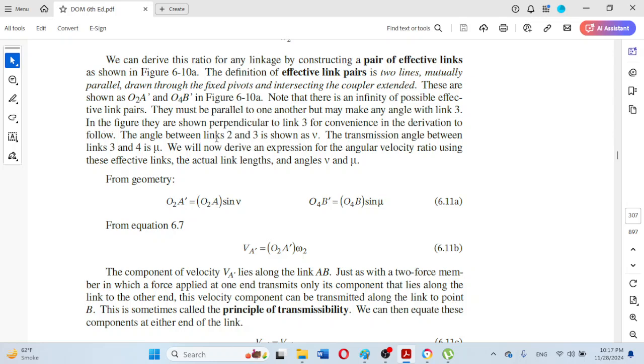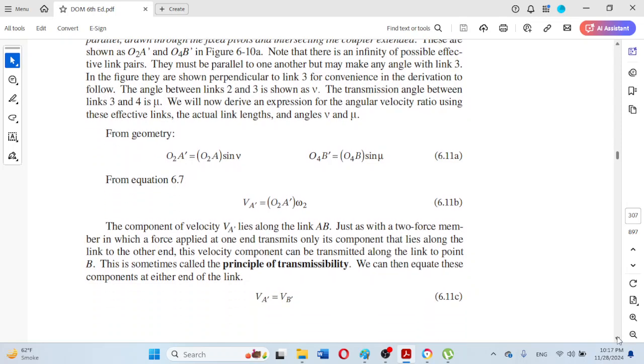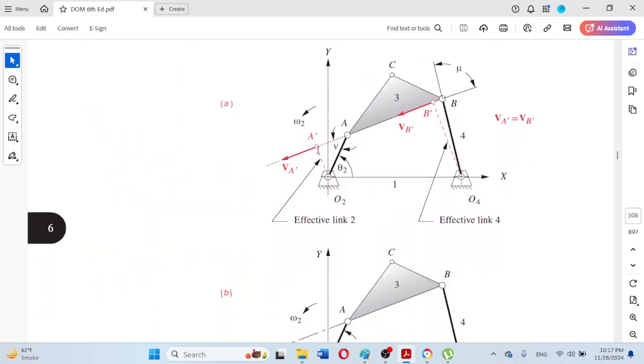The angle between links 2 and 3 is shown as V. We must know that this is the input link and this is the coupler link or connecting rod link, which is denoted by digit 3.